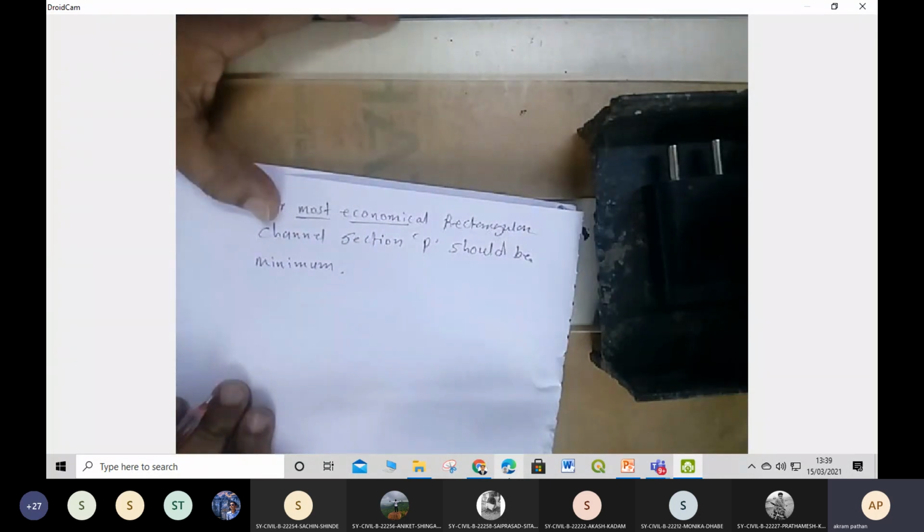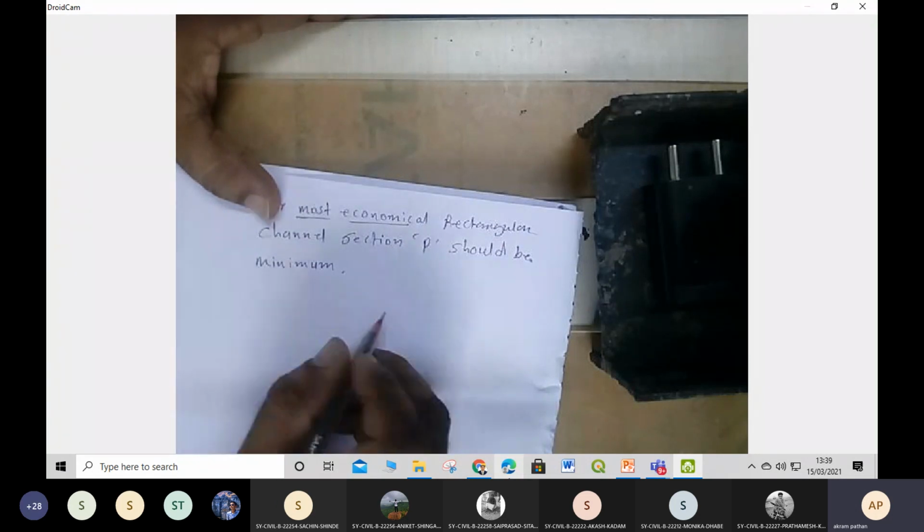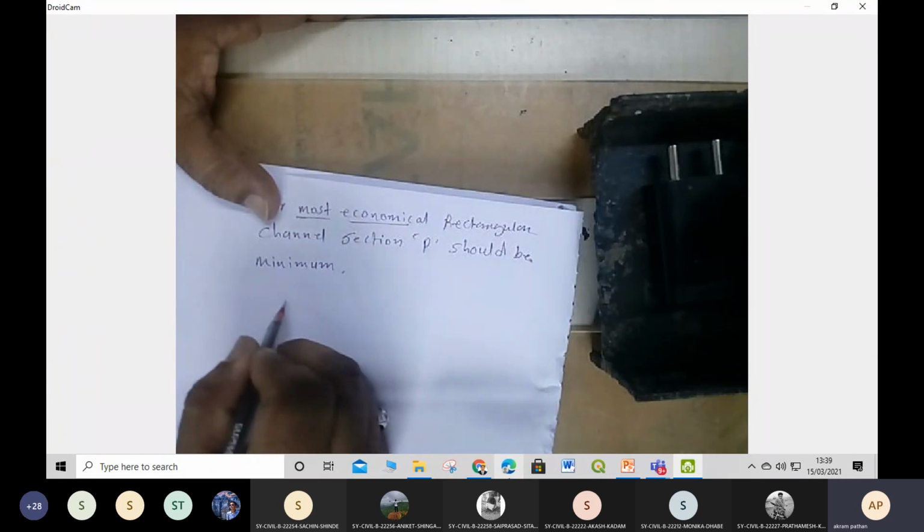So what we have to do? We have to differentiate this perimeter with respect to the depth of flow.